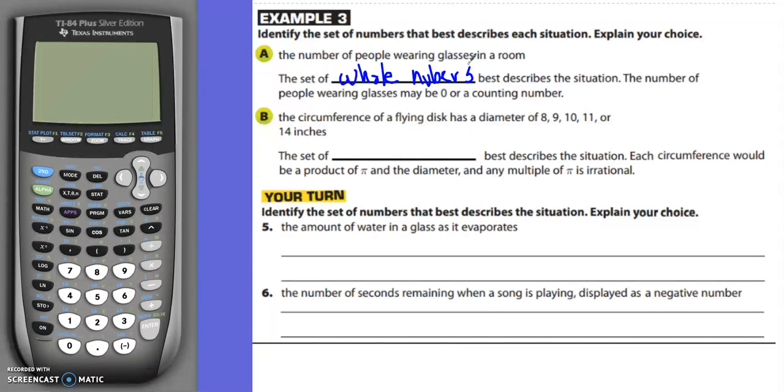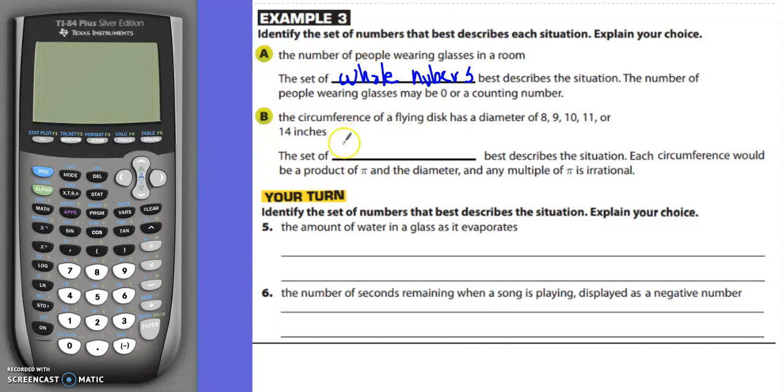Okay, example B. The circumference of a flying disc has a diameter of 8, 9, 10, 11, or 14. So if we're talking about circumference, we're having to multiply by pi. And pi is irrational.